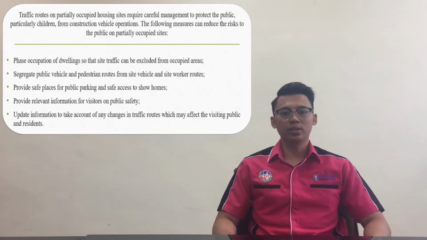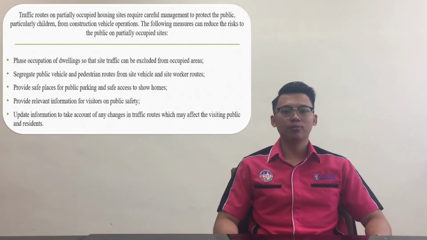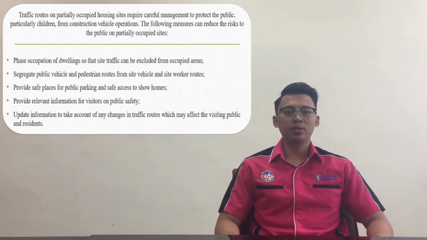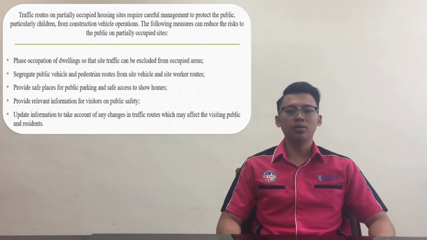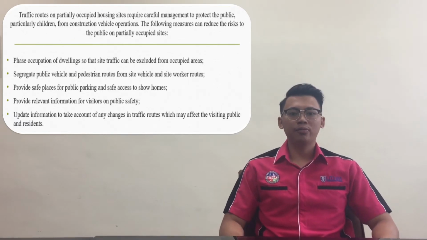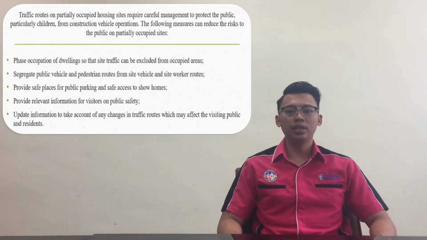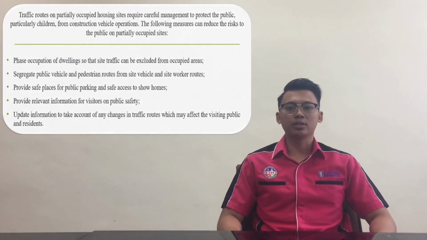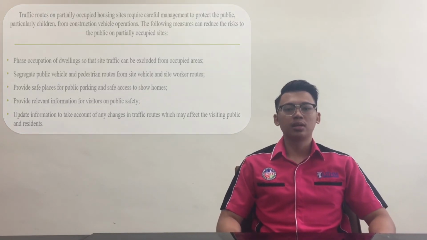For the third point, provide safe places for public parking and safe access to show homes. For the fourth point, provide relevant information for visitors on public safety. And the last point is to update information to take account of any change in traffic routes which may affect the visiting public and residents.